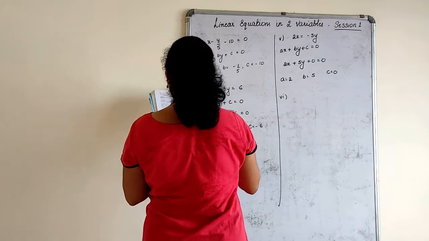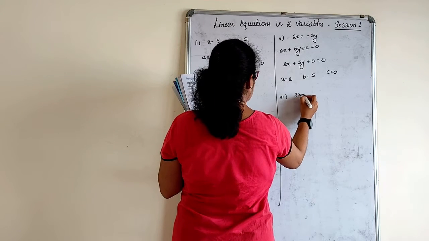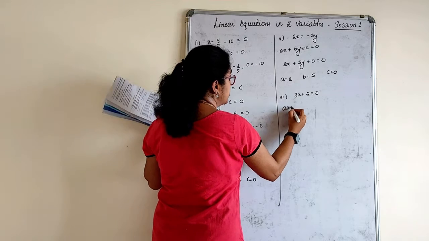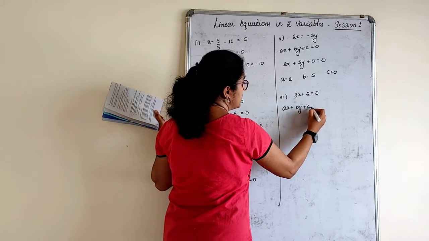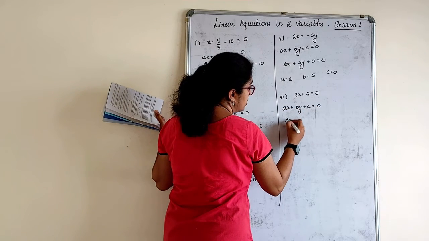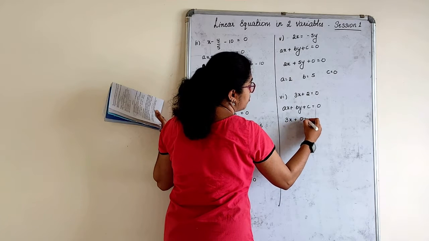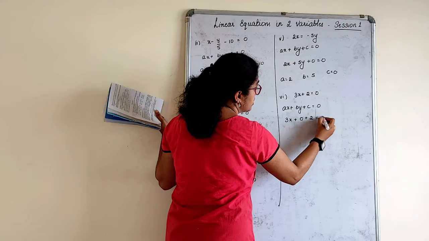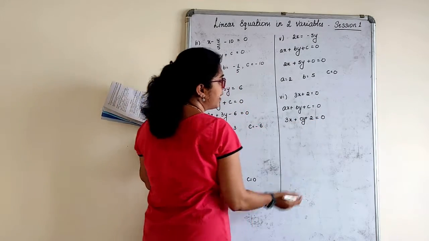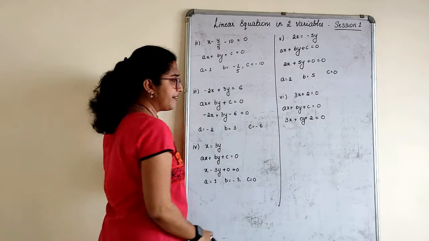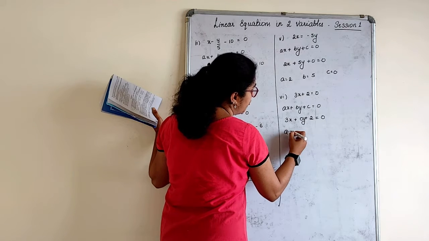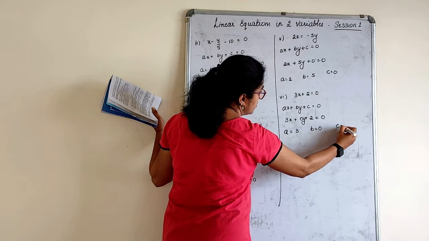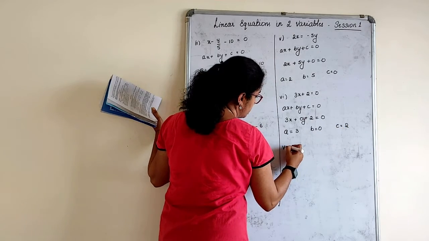Sixth one, 3x plus 2 is equal to 0. So standard is ax plus by plus c is equal to 0. 3x plus 0y if you want you can write, plus 2 is equal to 0. 0y is nothing but 0, only for your clarification. Even if you don't write, that's okay children. A is 3, b is 0, c is 2.